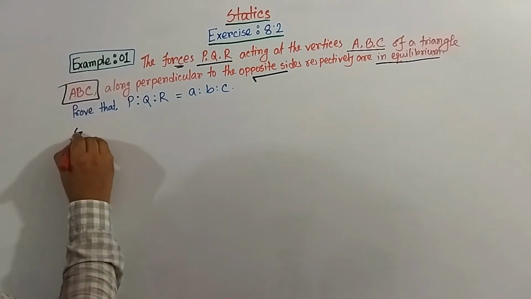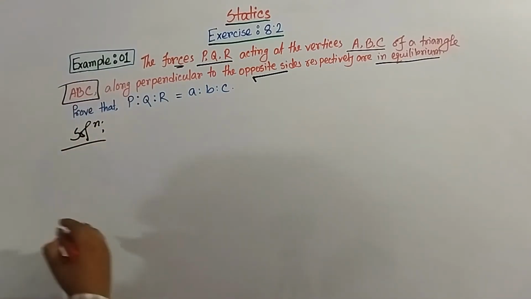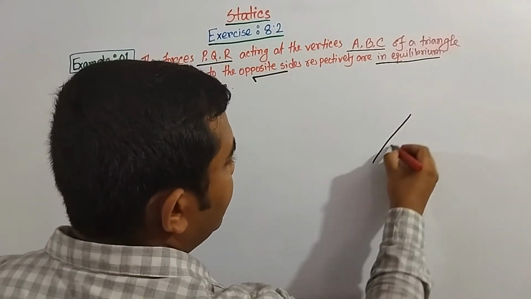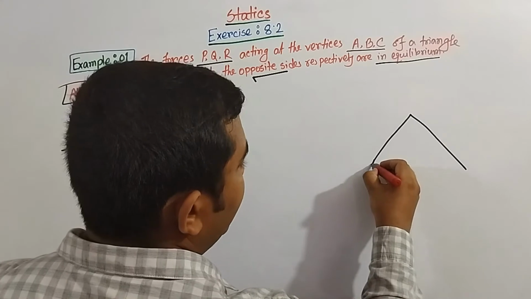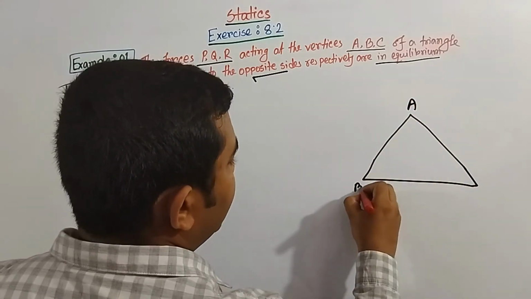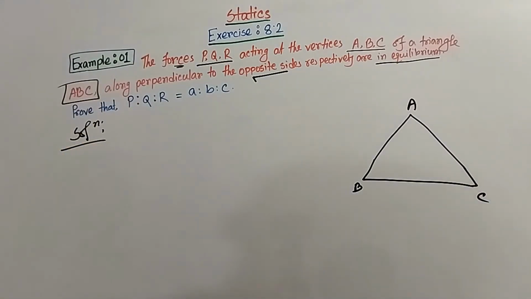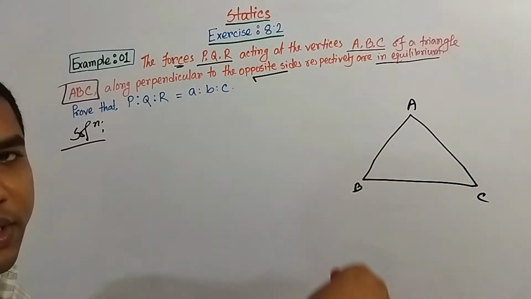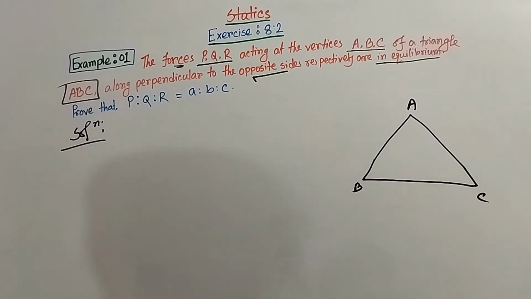Okay, our solution should go this way. Here our question says we need to first draw a triangle, that is triangle ABC, and from these three vertices we have to draw three perpendiculars.